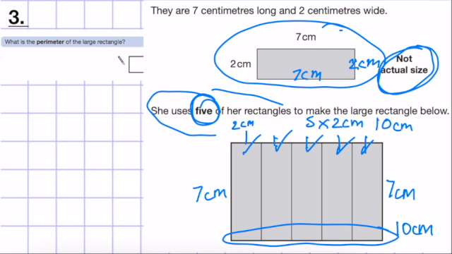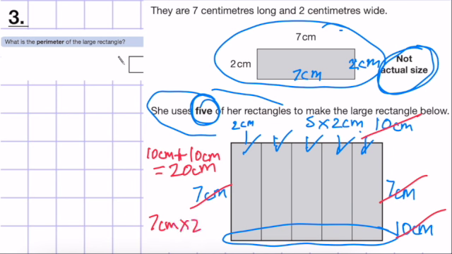So what I'm going to do, I'm now going to add up these sides. I'm going to add up, and I'm going to cross them out as I add them up. 10 centimetres, add 10 centimetres equals 20 centimetres, and then 7 times 2 equals 14 centimetres.